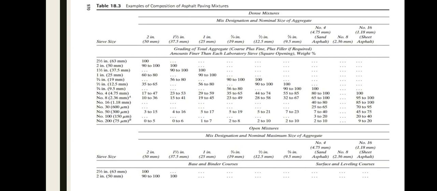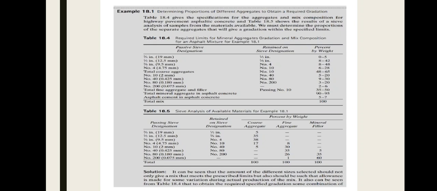Those are the sieve sizes, and the grading of total aggregate, coarse plus fine plus filler, is required: amounts finer than each laboratory sieve with square openings, by weight. This also illustrates the table of sieve designation, retained on sieve designation, and percent by weight.